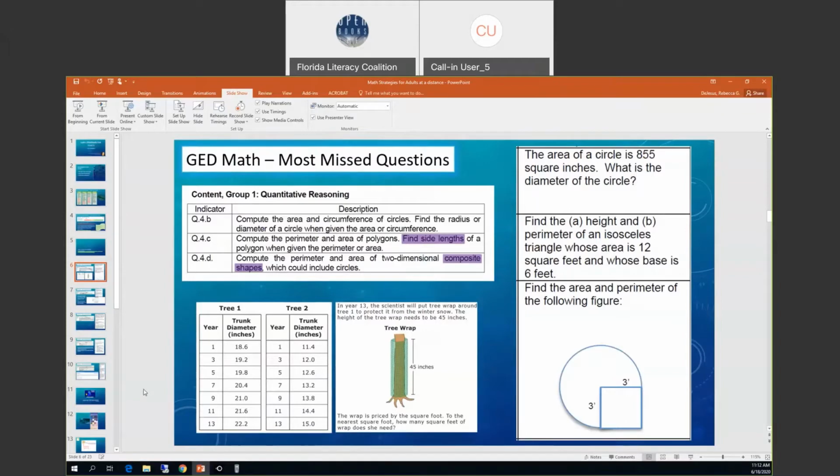And remember, most students are failing the test by anywhere from 3 to 5 points. That could be 1 to 2 questions that they needed to get right to pass the test. So drilling into these most missed areas is a good strategy if you are limited on time. You need to be aware of what these big categories are that students are really having trouble with.